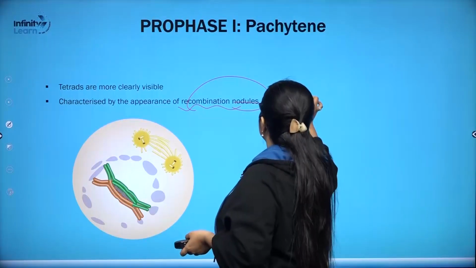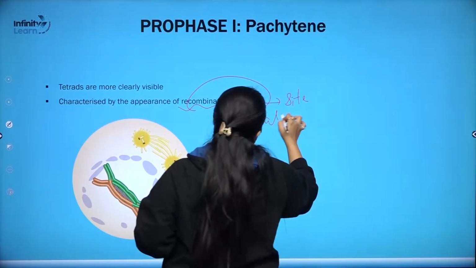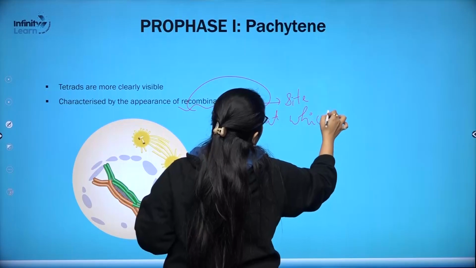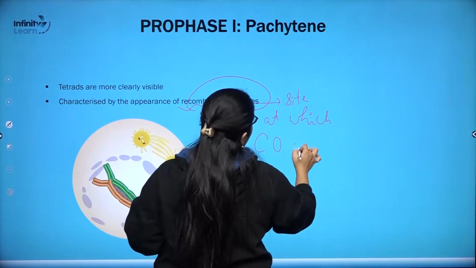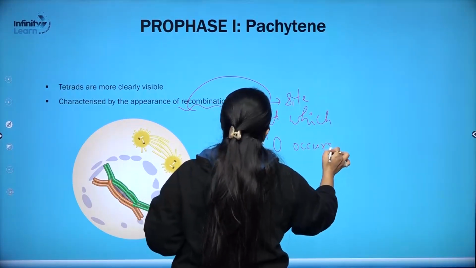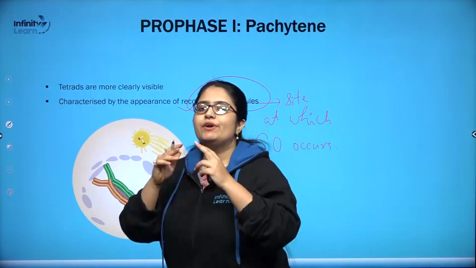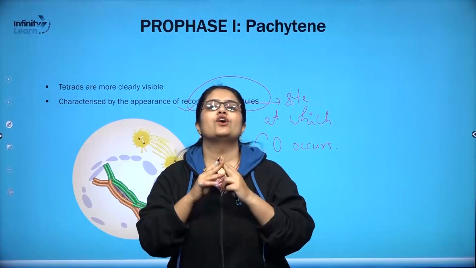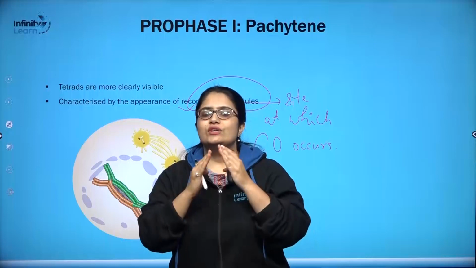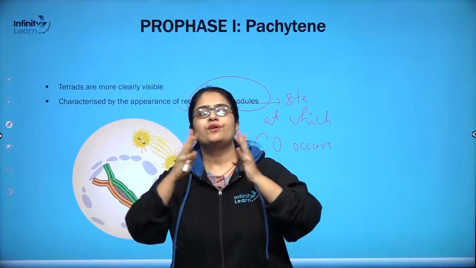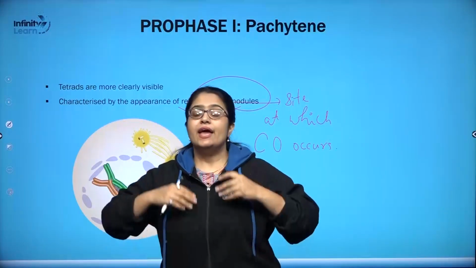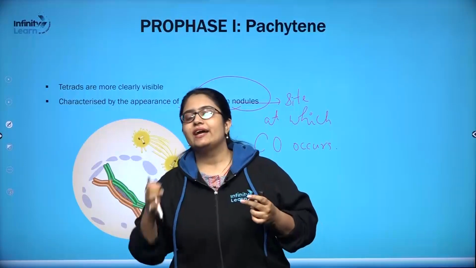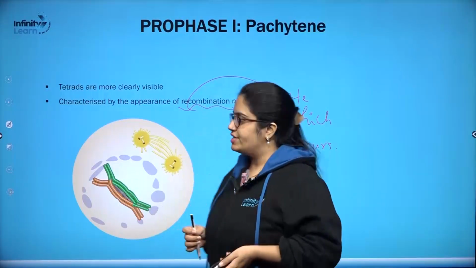Recombination nodule is the site at which crossing over occurs. So recombination nodules will appear between the synapsed pair of homologous chromosomes, and these recombination nodules are the site where crossing over takes place.